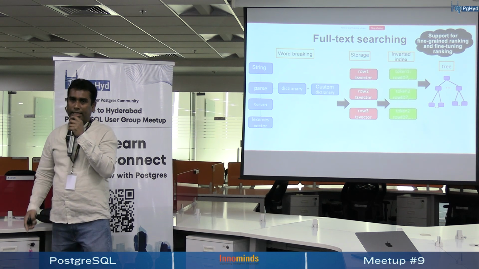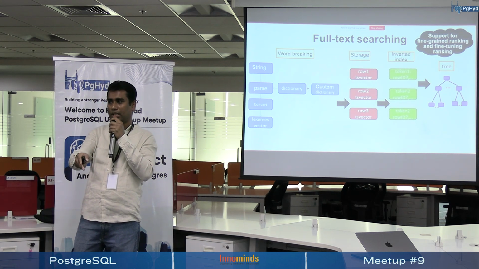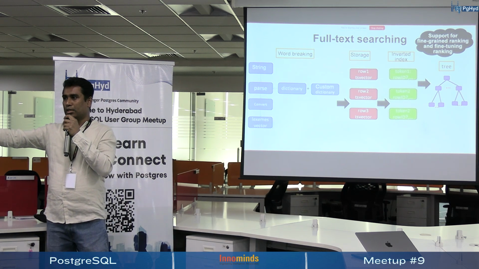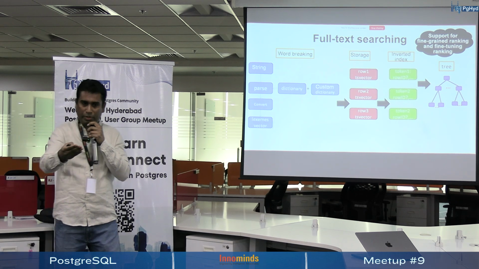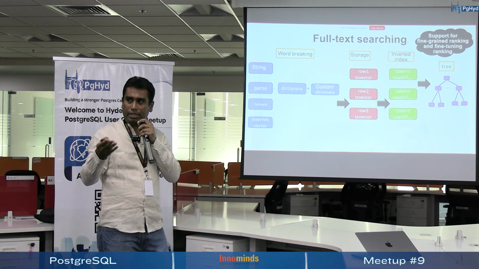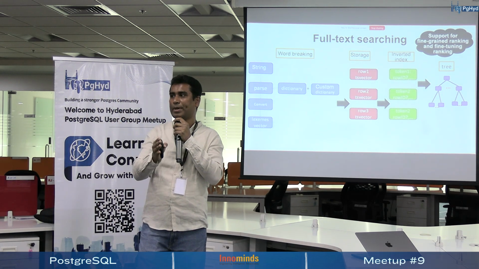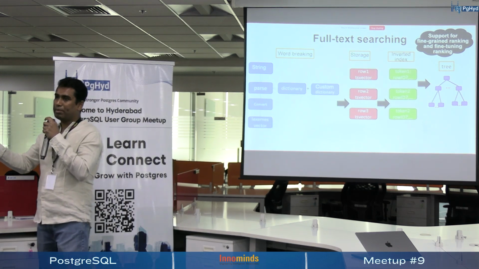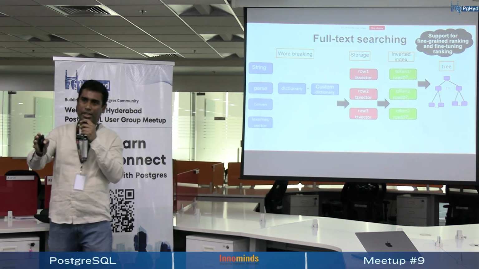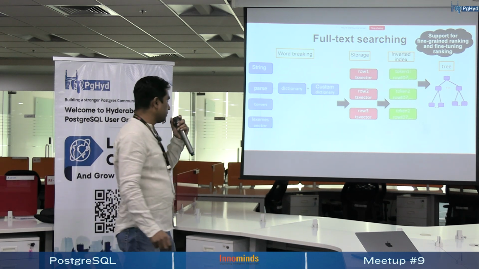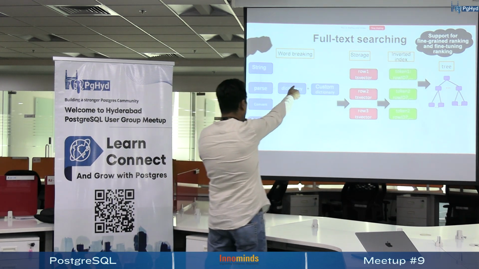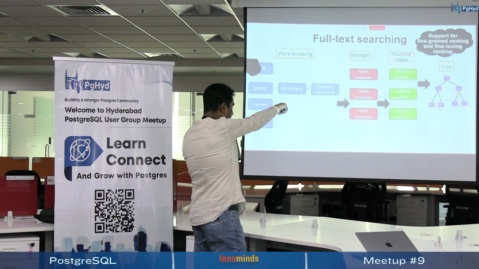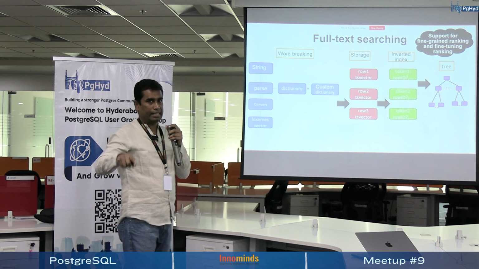When you search in a particular column that contains text, from outside we see it as text, but those are not text anymore: all the words are separated, and we use the base word, with no past tense or anything. That is the main thing, and then it is stored as a tsvector. This is a data type.